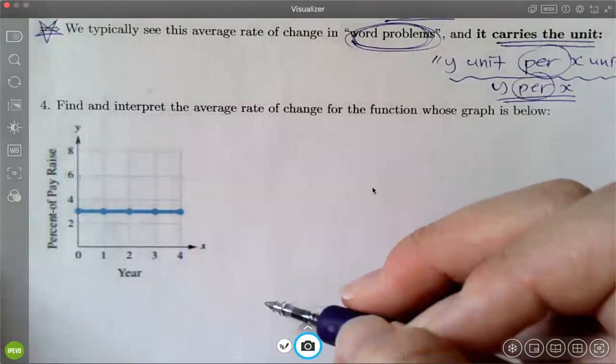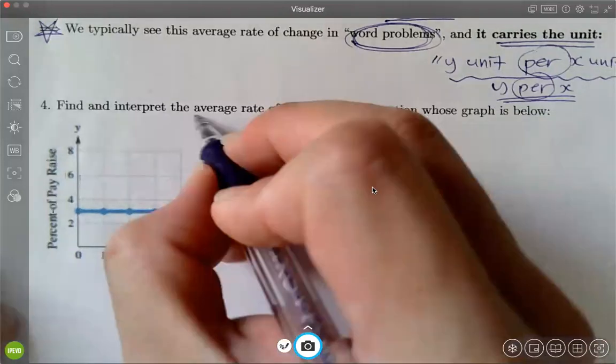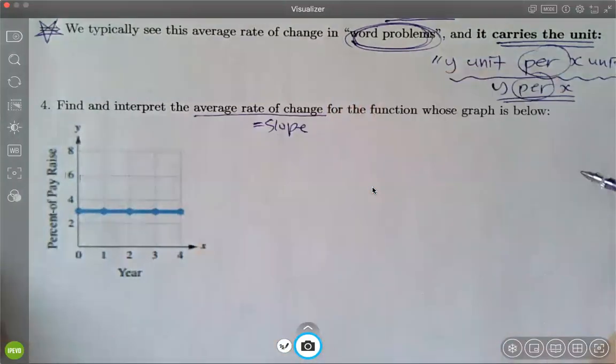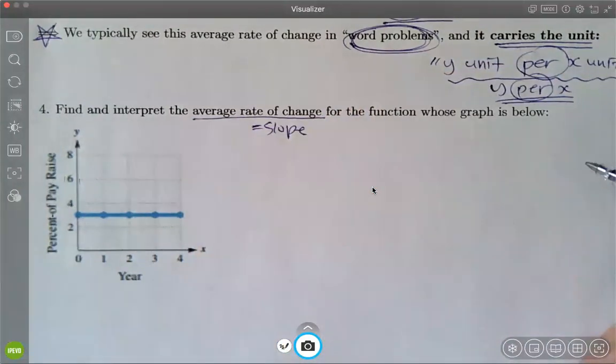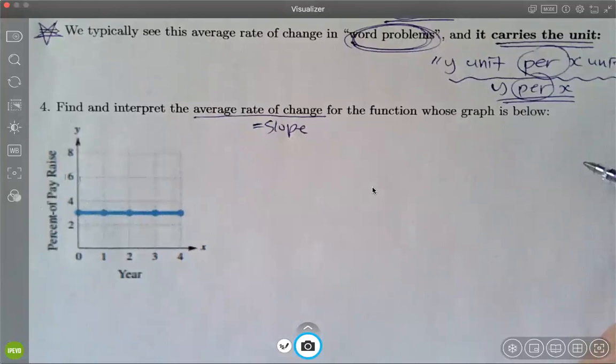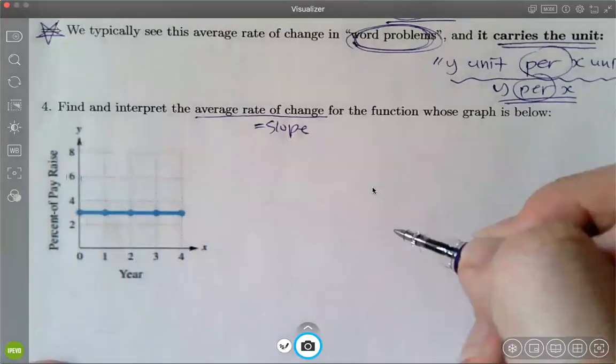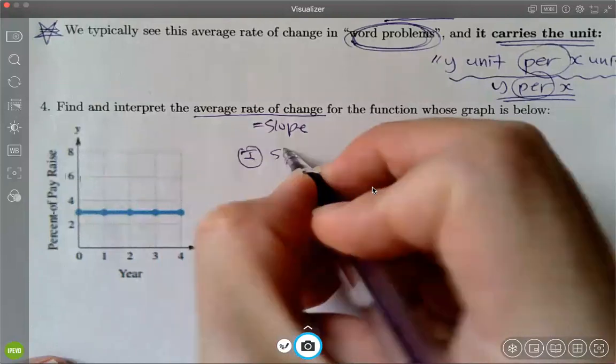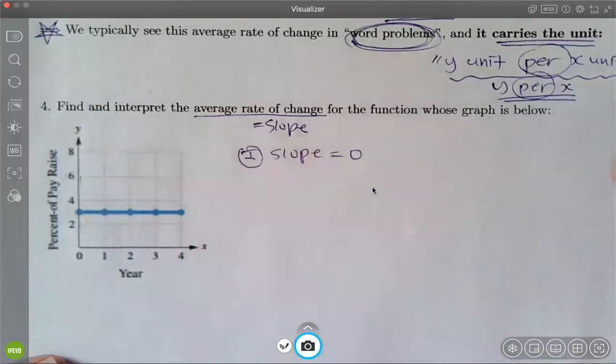Now remember the average rate of change is the same thing as the slope. Can you see the slope of this function? 0. And why? That's the horizontal line, right? So the slope is equal to 0.